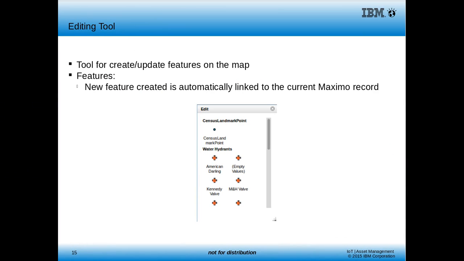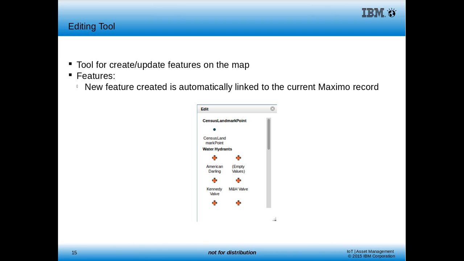The next tool is the editing tool. With this tool, you can create or edit features on the map. You can update their attributes. When you create a new feature on the map, this feature is automatically linked to the current Maximo record.